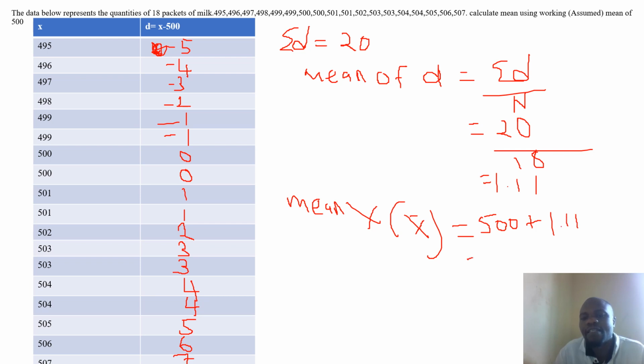If I add this, I get 501.11. So that is how you can get the mean using the assumed mean for both grouped data and ungrouped data.